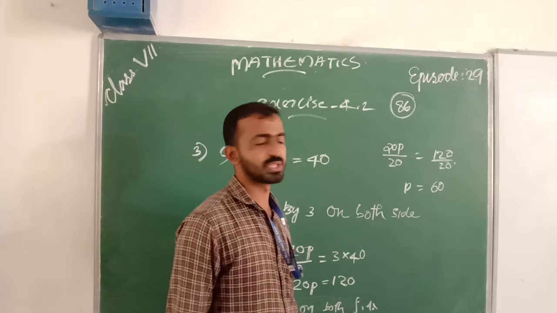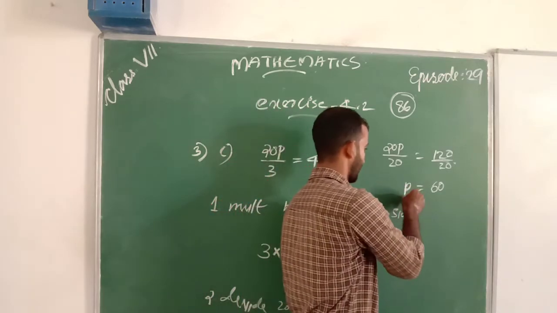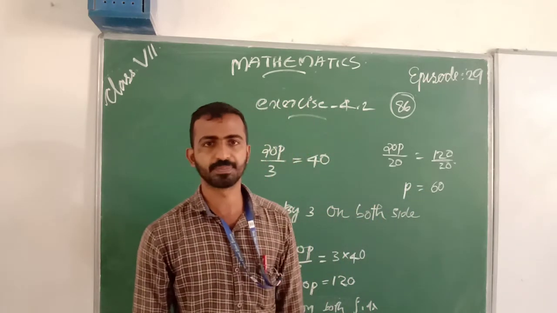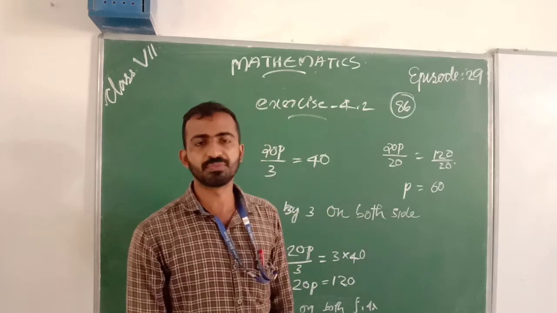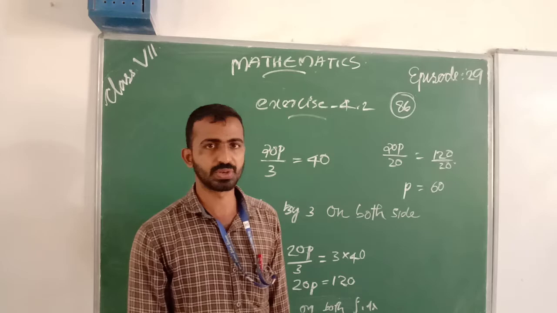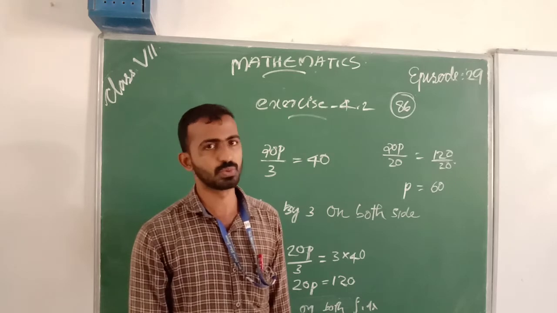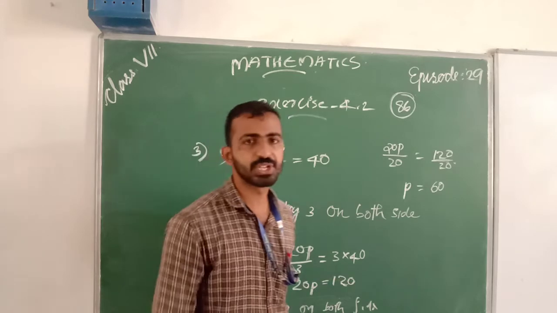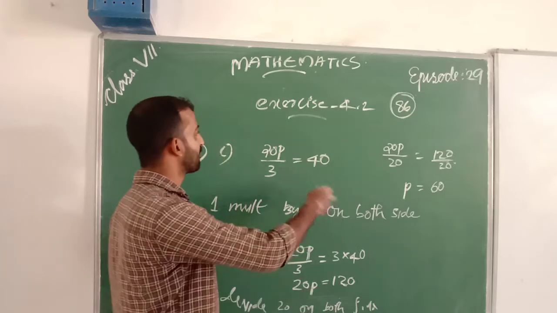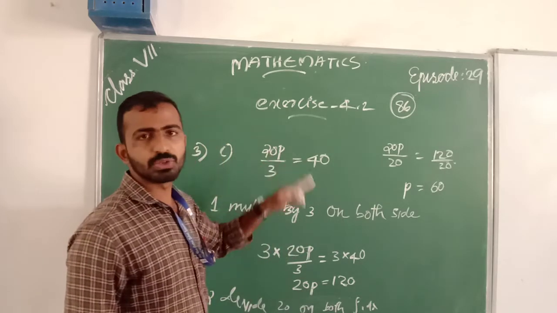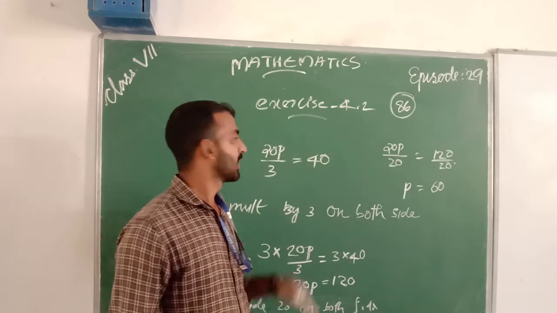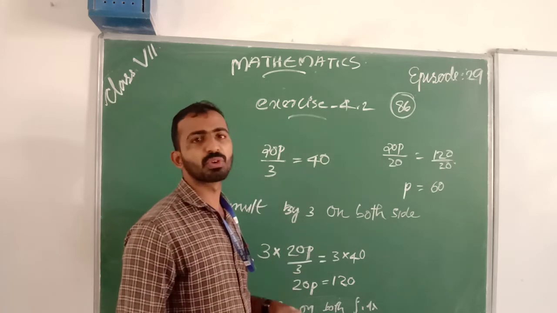P equal to 6. That is the required solution. Which is the required solution? We can check: when we give p as 6, 20 into 6 is 120, 120 by 3, we get 40.